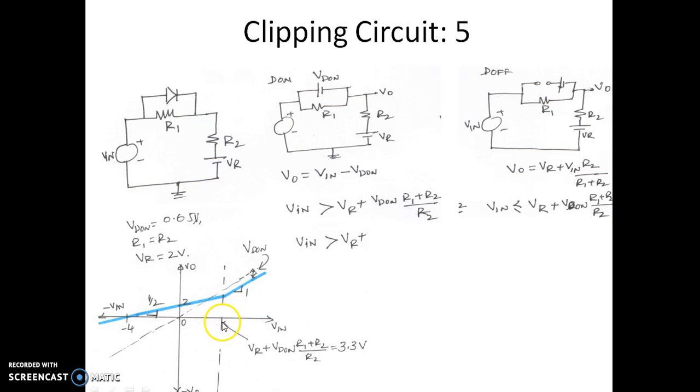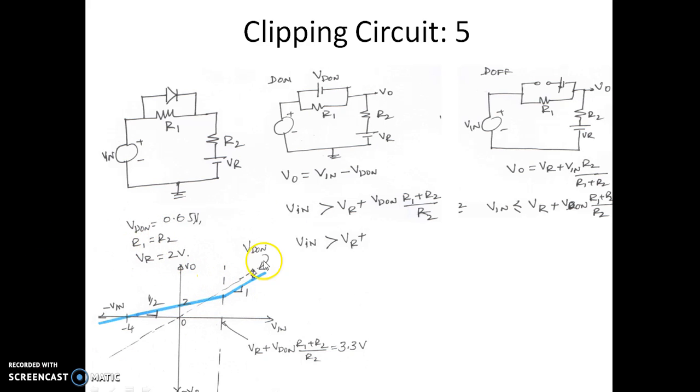This is Vr plus Vd on into (R1 plus R2) by R2. Assuming R1 equal to R2, Vr to be 2 volts, and Vd on as 0.65, this voltage becomes 3.3, meaning that any input voltage beyond 3.3, the diode is on.